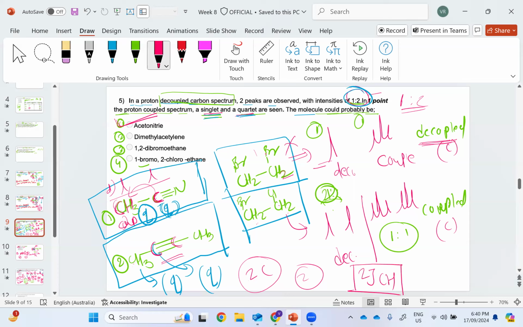So in this question, if we ignore that 2JCH coupling, then acetonitrile will be the correct option.